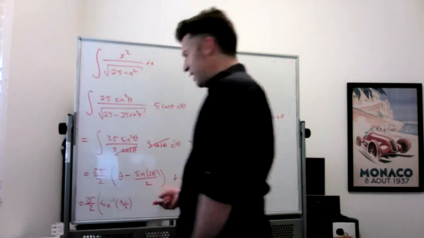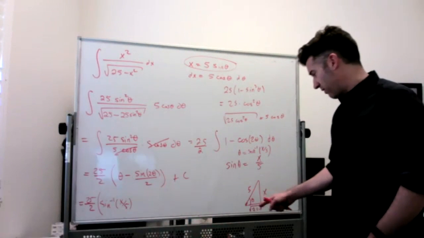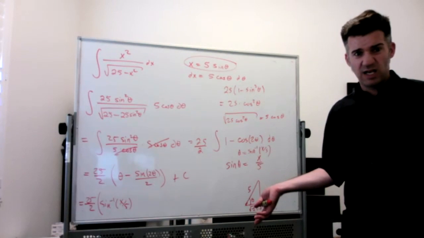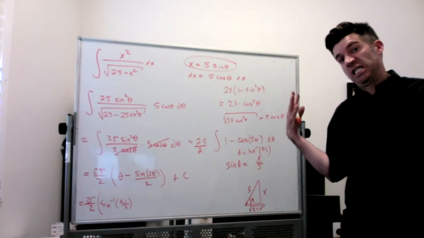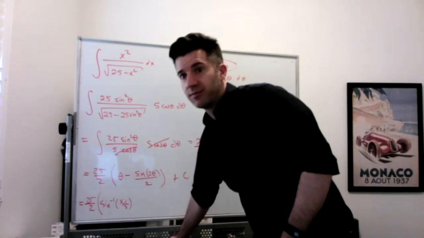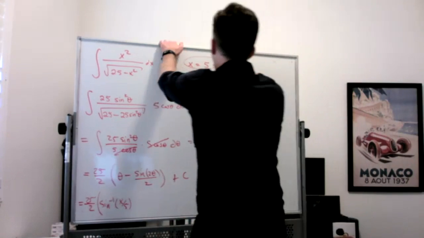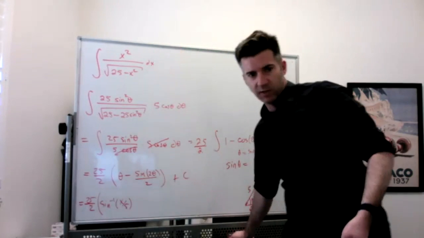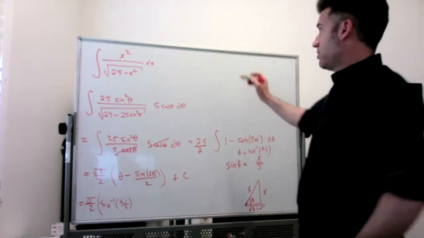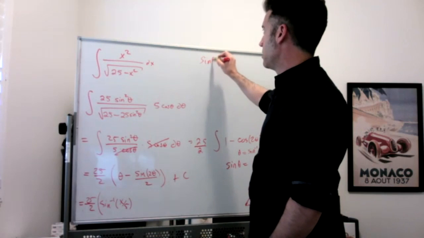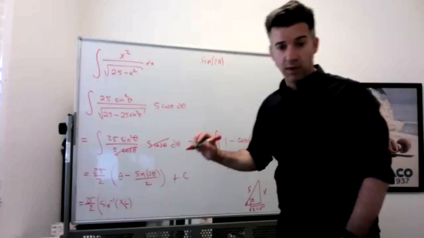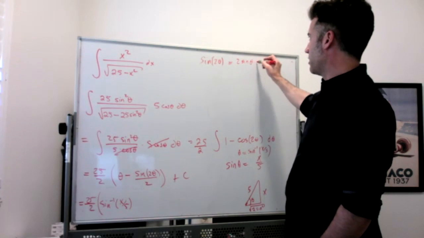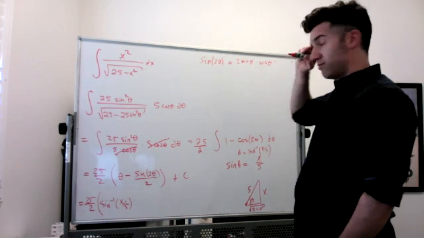But then what about sine of 2 theta? I know that sine of theta is x over 5. What the heck is sine of 2 theta? Well, there's a trig identity for that. That should be like the theme of this section. There's a trig identity for that. So sine of 2 theta, there's a double angle formula. It says sine of 2 theta is 2 sine of theta times cosine of theta.